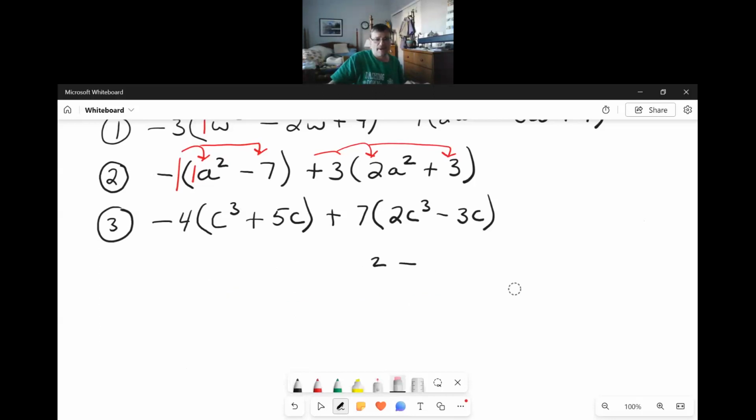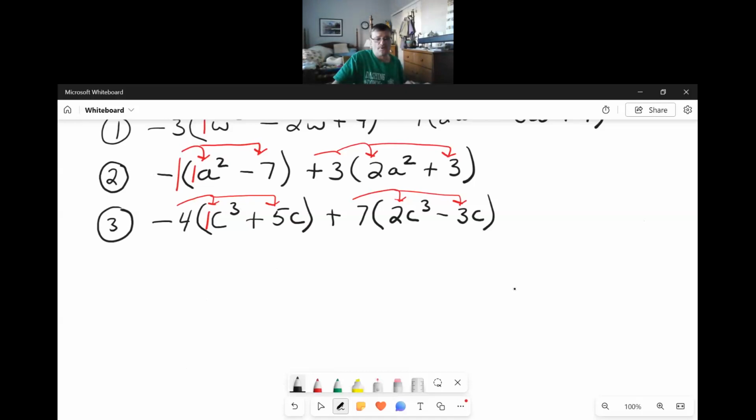Now let's go ahead and take a look at number 3. So negative 4 times whatever's in front of c to the third, and then times this 5 here. So that takes care of that. Plus 7 times 2, and then plus 7 times negative 3. Okay, no coefficient there, put a 1 in there.